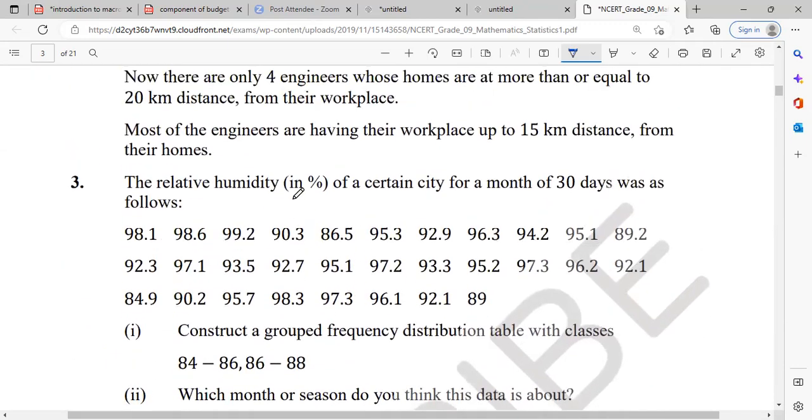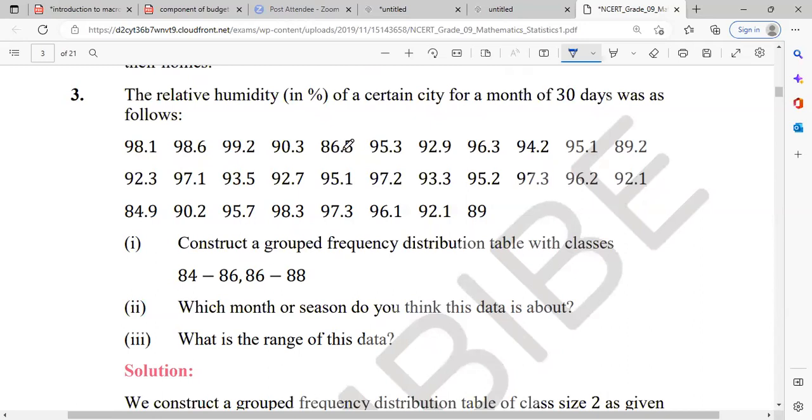Now, this one is very important. Relative humidity of a certain city for a month is given. First of all, you have to construct a grouped frequency distribution of this. 84 to 86, 86 to 88. What is the difference between these two? The gap? 2.